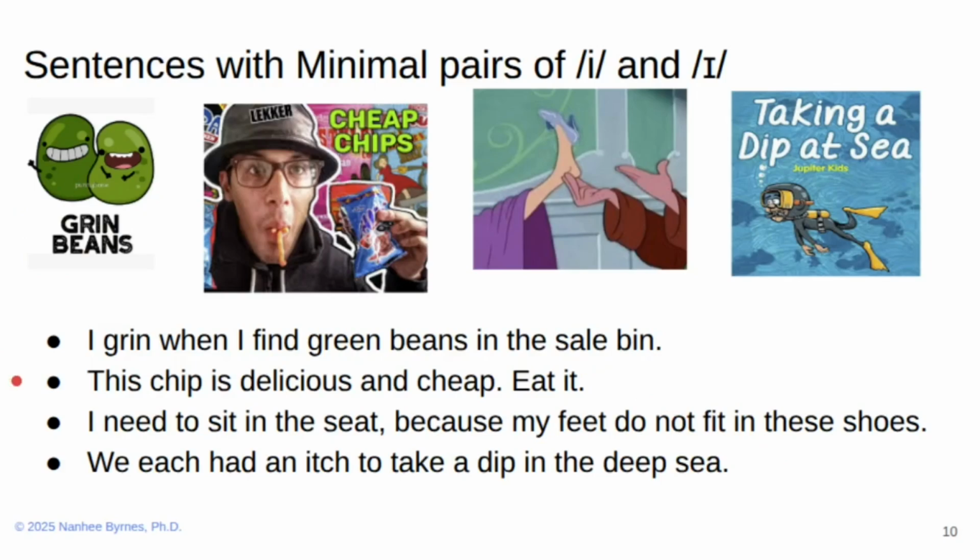This chip is delicious and cheap. Eat it. I need to sit in the seat because my feet do not fit in these shoes. We each had an itch to take a dip in the deep sea.